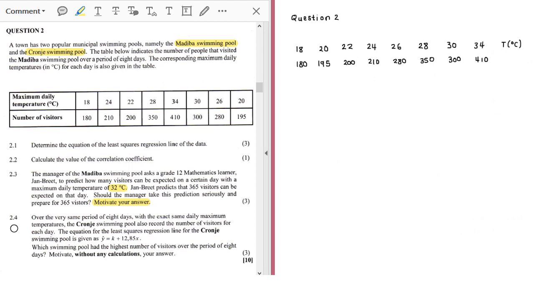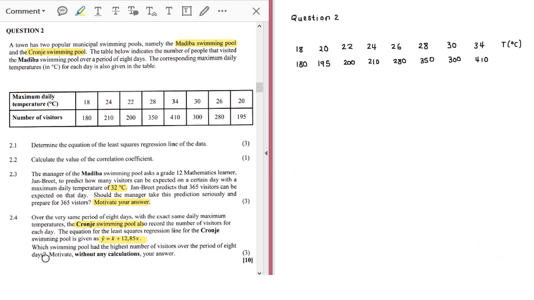Last question, 2.4. It says, over the same period of 8 days, with the exact same daily maximum temperatures, the other swimming pool also recorded the number of visitors for each day. The equation for the least square regression line for this specific swimming pool is given by y bar is equals to k plus 12.85x.